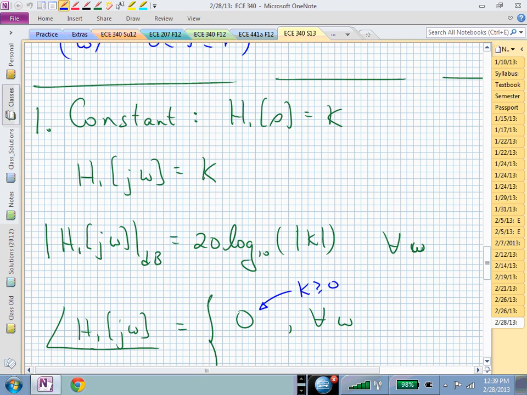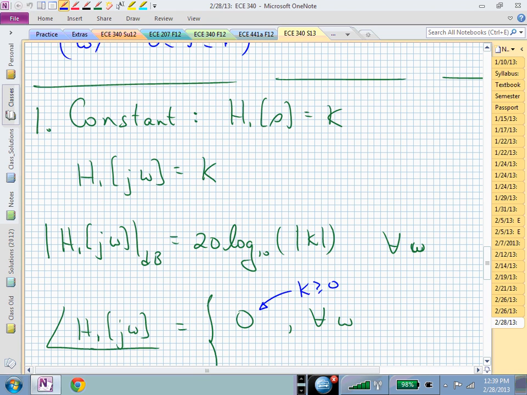Because of that, this magnitude in dB, which we simply take as 20 log of the absolute value of that gain value, is just a fixed number for all frequencies omega, and that gives us a piece of our entire Bode plot that is constant.